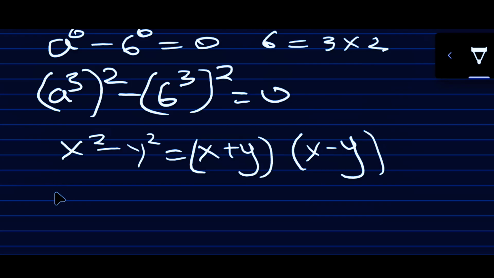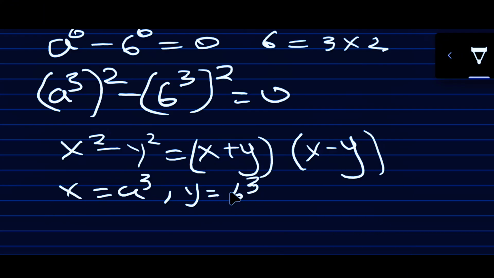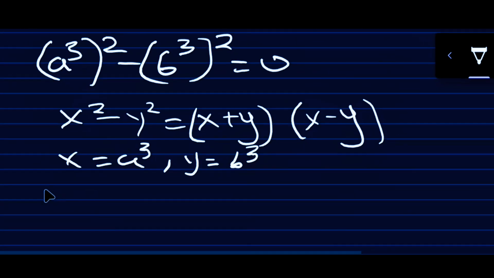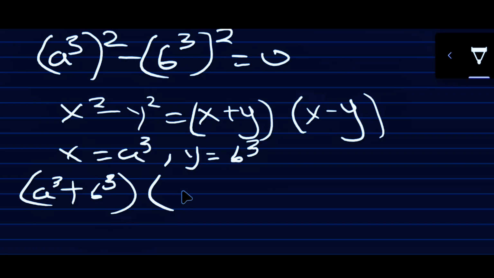Note that x equals a cube, and y equals 6 cube. So we substitute: (a^3 + 6^3)(a^3 - 6^3) = 0.